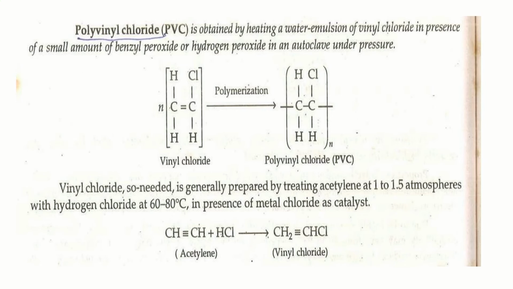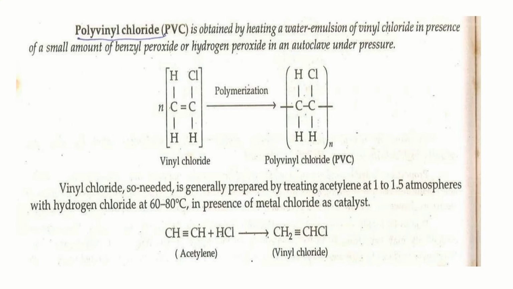Next one is very important, and all of you know it: polyvinyl chloride, PVC. Polyvinyl chloride is synthesized from vinyl chloride. The molecular formula of vinyl chloride is CH2=CHCl. Vinyl chloride undergoes polymerization in the presence of temperature, pressure and catalyst to form polyvinyl chloride. The vinyl chloride is synthesized from the acetylene molecule.